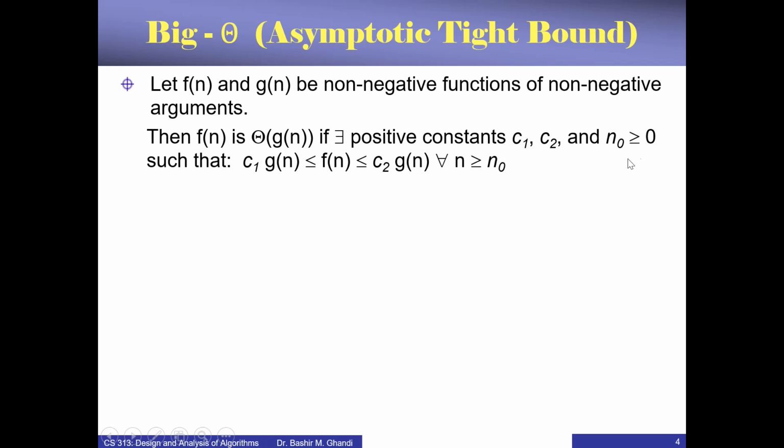So if we can find these three constants, c1, c2, and n0, such that the function fn is between c1 times gn and c2 times gn for all values of n greater than the n0. Okay, if we can find such c1 and c2, then we say that fn is theta of gn.